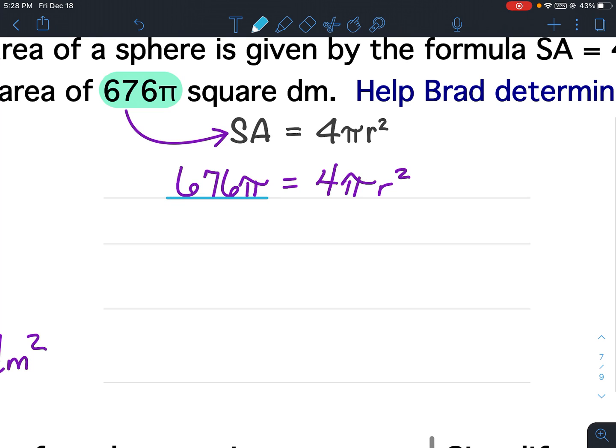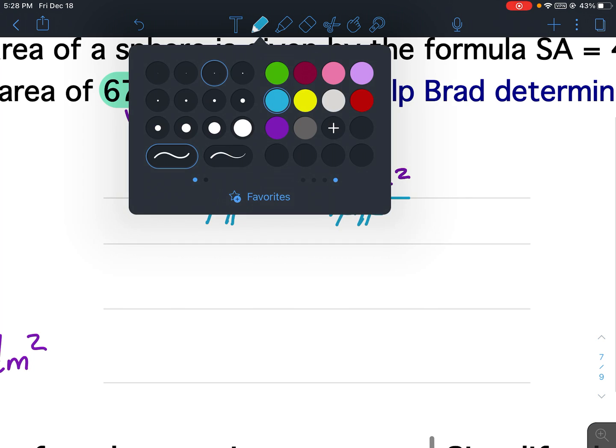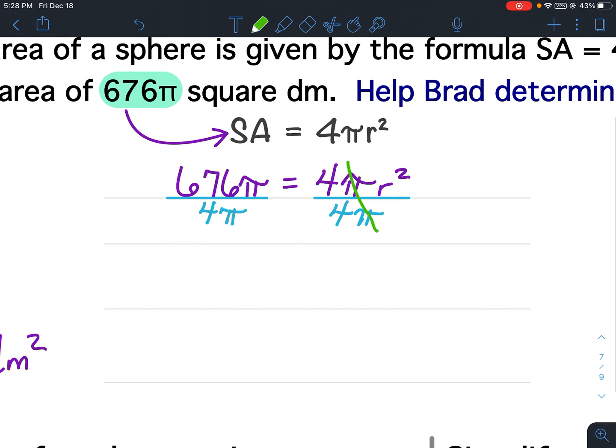So what I would do first is divide both sides by 4 pi. So the pi's will cancel and the 4's will cancel on the right. The pi's will cancel on the left. Then I'm going to take this 676 and divide it by 4, which would give me 169. So 169 equals r squared.